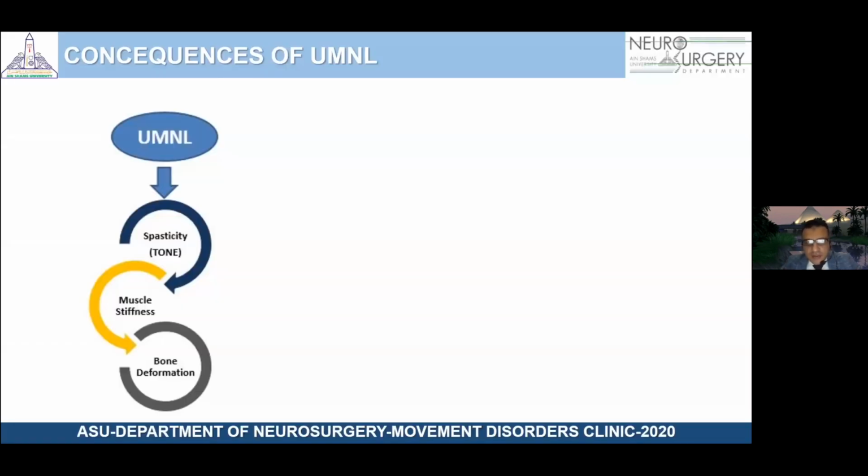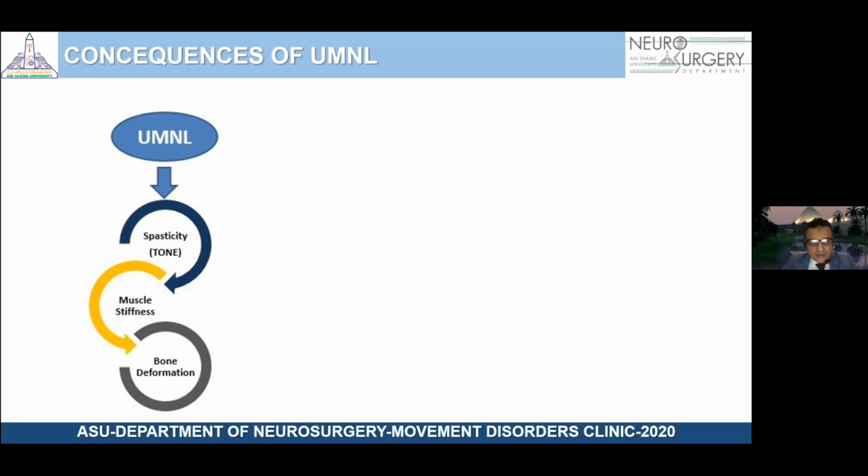Actually, in hypertonia, we are managing the sequelae or consequences of the upper motor neuron lesion. Among the literature, we have studied the upper motor neuron lesion consequences in two patterns: either the vertical pattern, which means that the upper motor neuron lesion results in spasticity, which in turn results in muscle stiffness, and this muscle stiffness leads to bone and joint deformity.